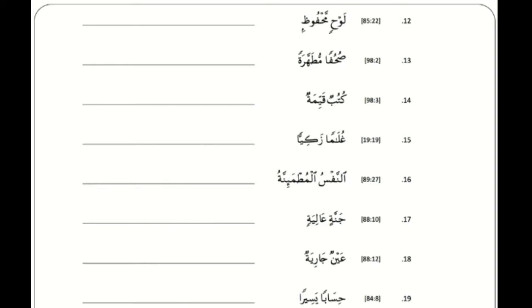Mutahhara means purified. So suhufan mutahharatan means purified pages. But again, suhuf is what? The plural of a non-human thing. Therefore Allah uses the single female. Allah didn't say mutahharuna or mutahharina. He used the single female because it's referring to the plural of a non-human thing.